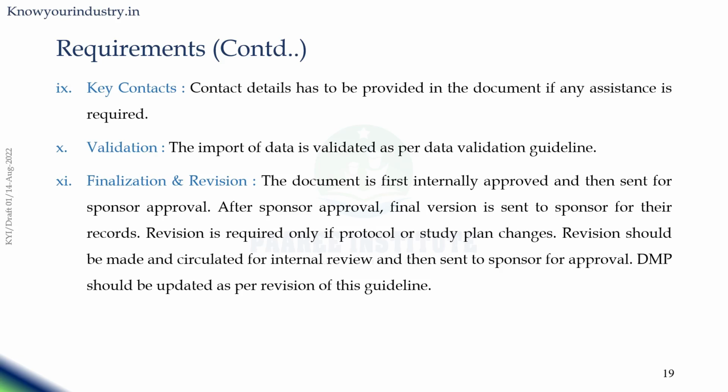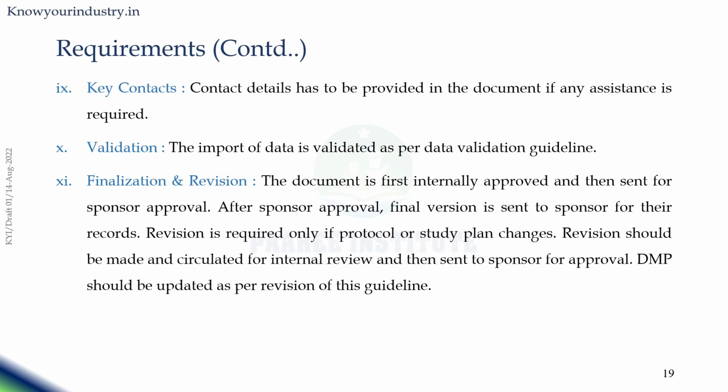Finalization and revision. So this document should first be internally approved, and only then shared with the sponsor and other relevant stakeholders. Once it is approved by the sponsor, the final version is sent to the sponsor for their records or for their signatures. Revision is required only if there is any change in the protocol or in your study plan or in your import sequencing.